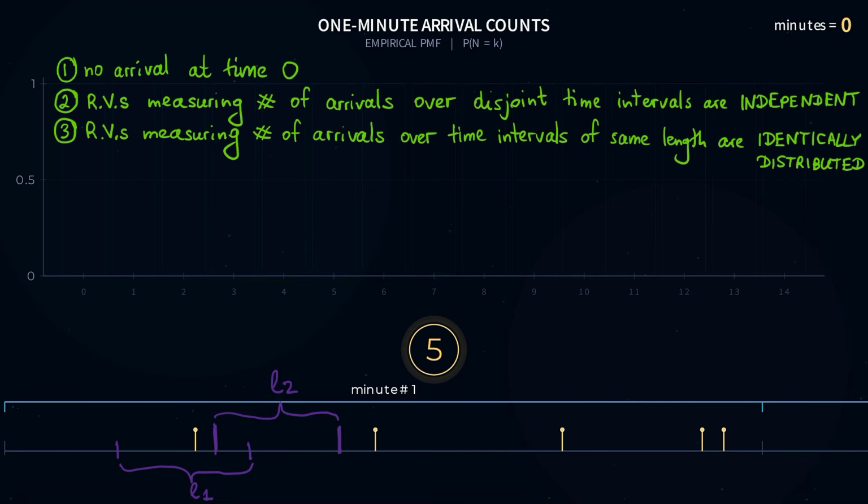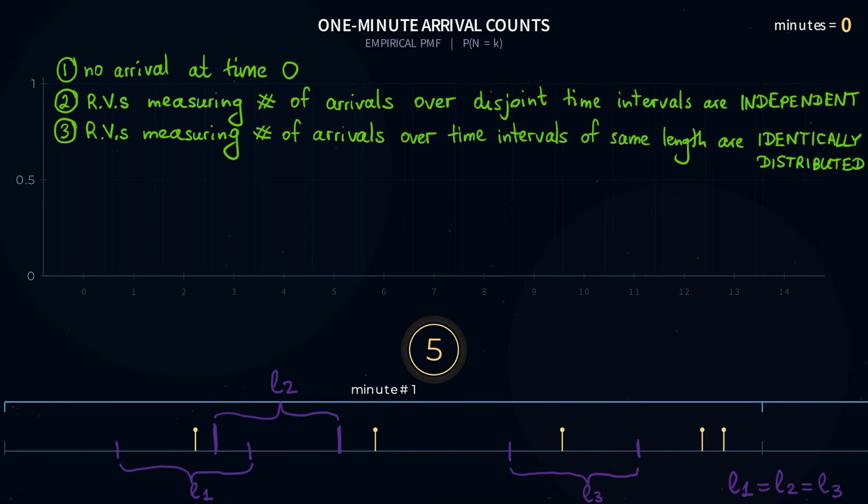and then we could have another one here, an L3, and I've drawn these, that's important, so that these intervals are of the same length. L1 equals L2 equals L3. Because this postulate says that if we have time intervals of the same length, then the random variables that are measuring the number of arrivals over these intervals, right?